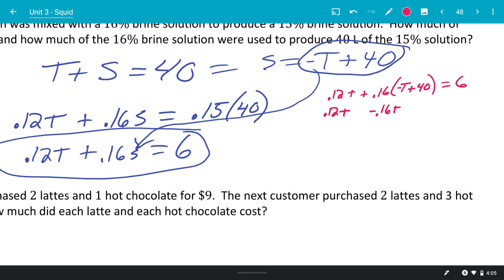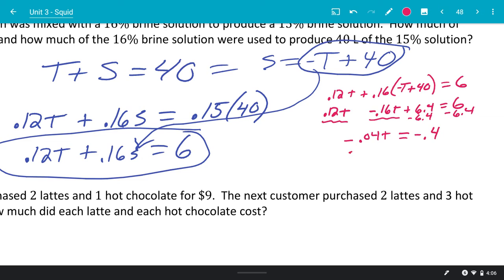And then plus 16% of 40, or 0.16 times 40, is 6.4, equals 6. And I can combine my two like terms to have a negative 0.04 T. I can subtract 6.4 from both sides. So that equals a negative 0.4.